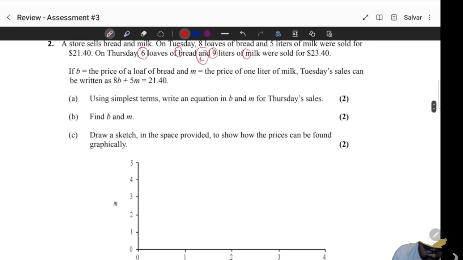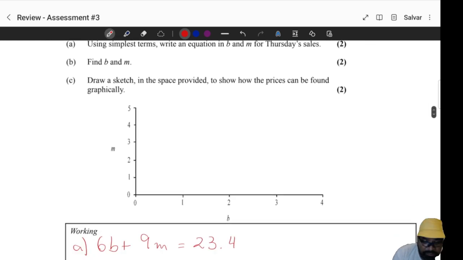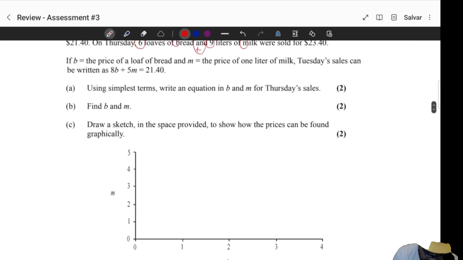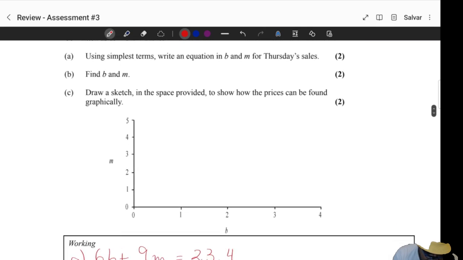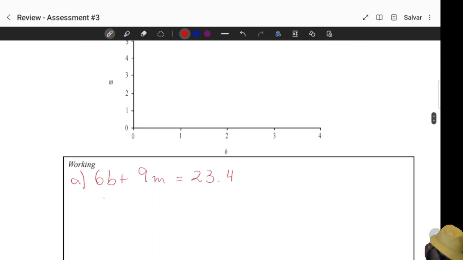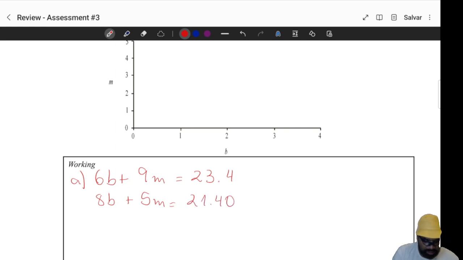Find B and M. Okay, to find B and M, I need both equations. Let's write down the equation over there. 8B plus 5M equals 21.40. Okay, now I have everything.